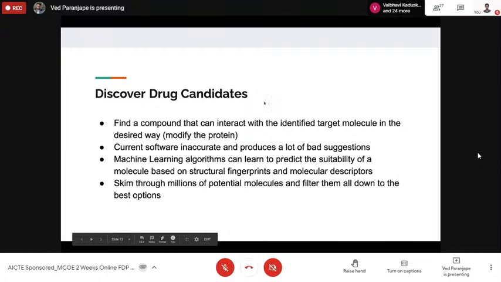The next step is discover drug candidates. Find a compound that can interact with the identified target molecule in the desired way. The target protein, the spike protein, is to be modified in some way, which will help the body develop antibodies against that spike protein. The current software is inaccurate and produces a lot of bad suggestions. In this step, we are finding that compound that is going to interact with the protein, and then it will give us the actual vaccine.